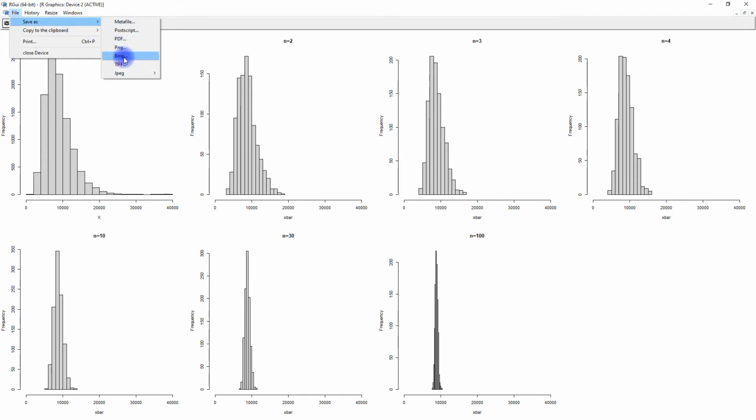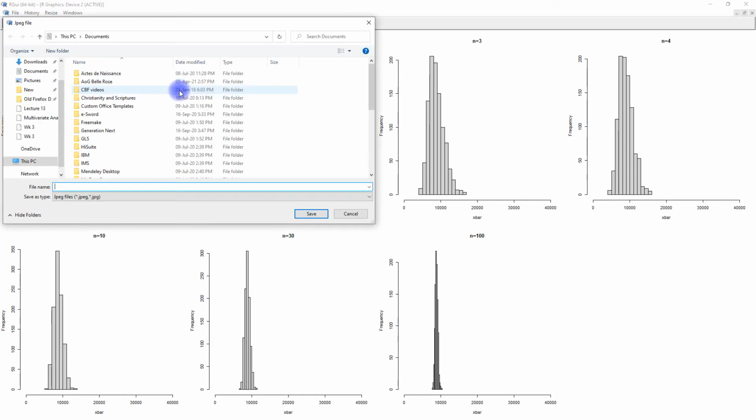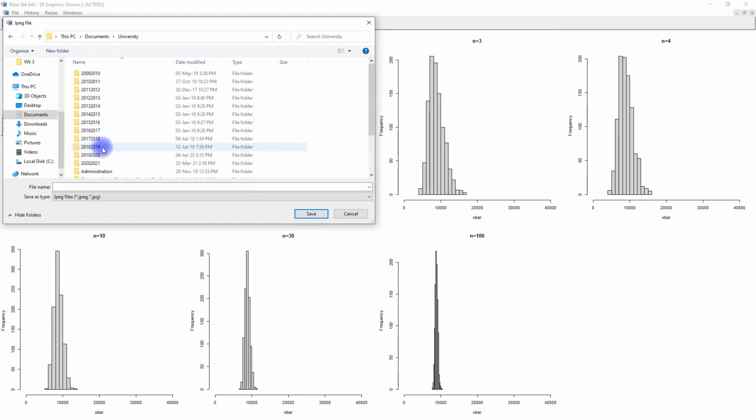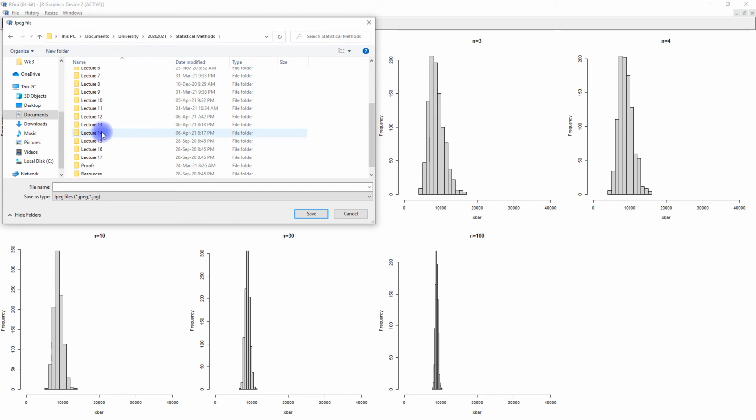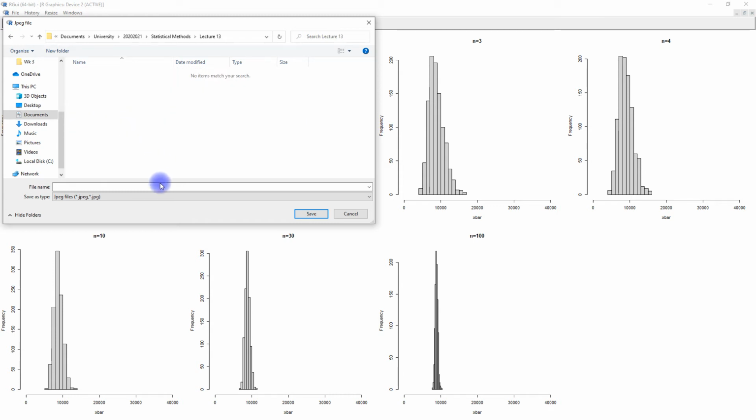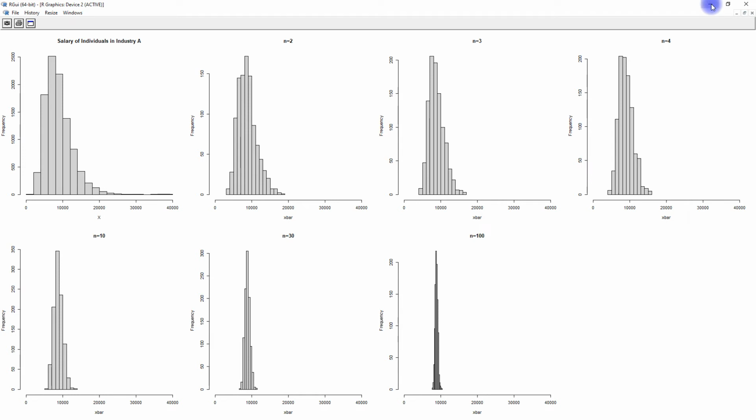I'll save it as a PDF, as a JPEG, and then I'll paste it in the PowerPoint file so that we can discuss it. So I've just run this. I'm going to explain to you now what is happening here.